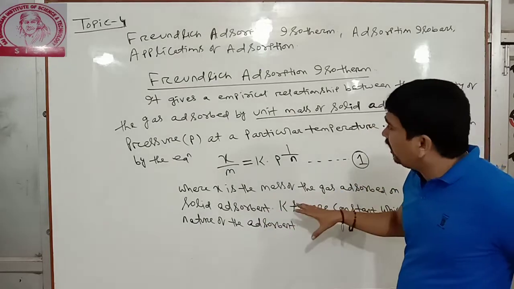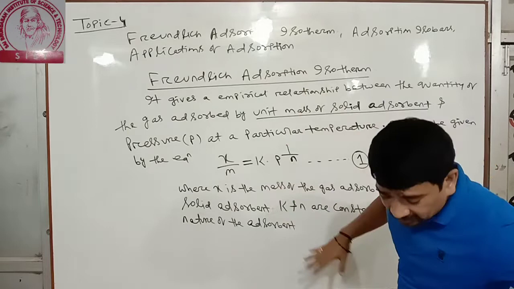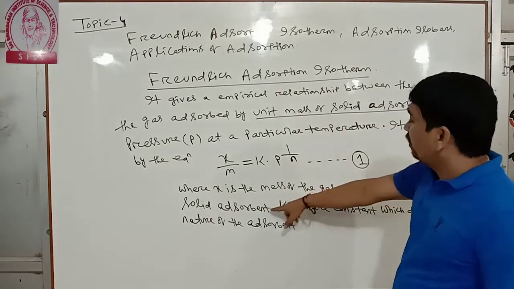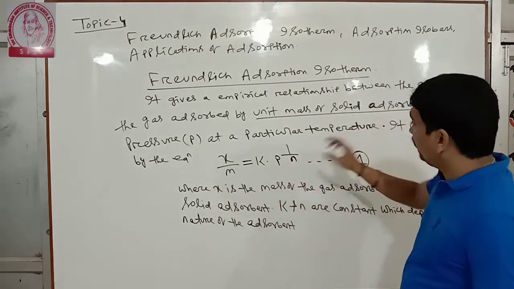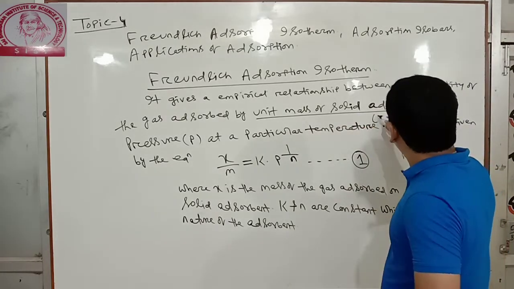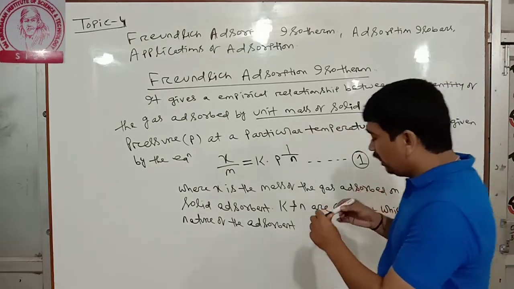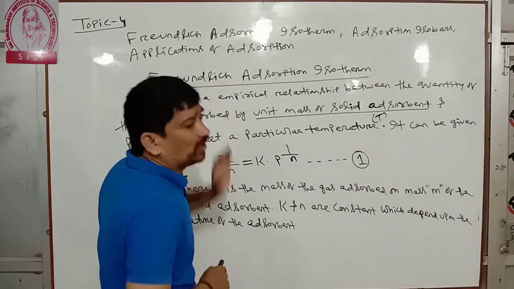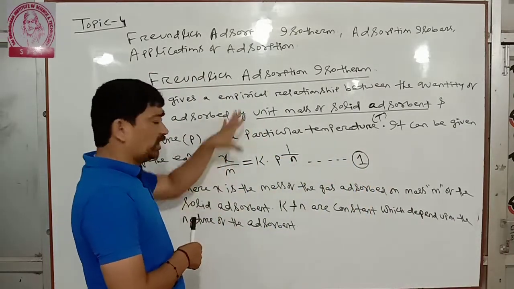So this is about the Freundlich adsorption isotherm. It is expressed at a particular temperature, a constant temperature T. If you are asked about the Freundlich adsorption isotherm, simply write two things.